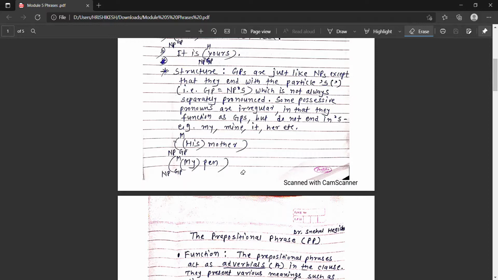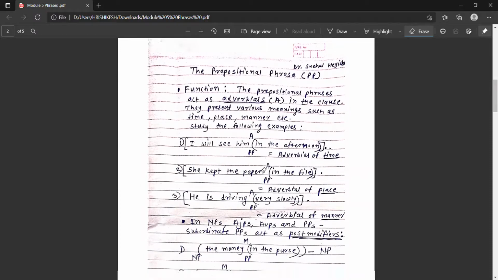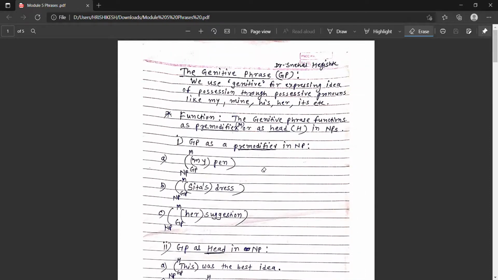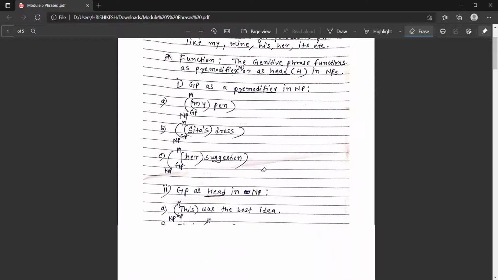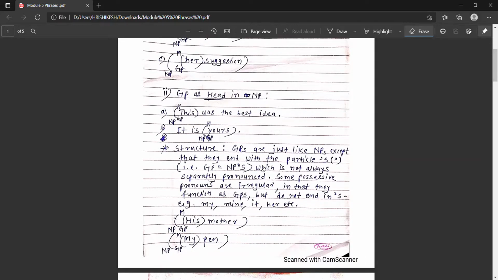After discussing the genitive phrase, what have we discussed? First of all, we discussed the function. There are two important functions of the genitive phrase: first, a GP functioning as a pre-modifier in NP, and second, a GP functioning as a head of a noun phrase. After that, we discussed that the structure of GP is just like an NP, except that they end with the particle apostrophe s.